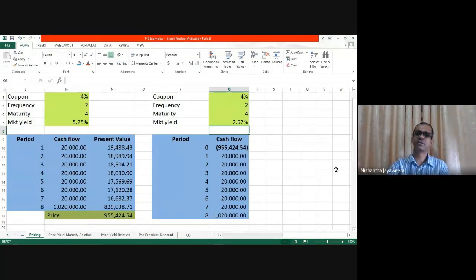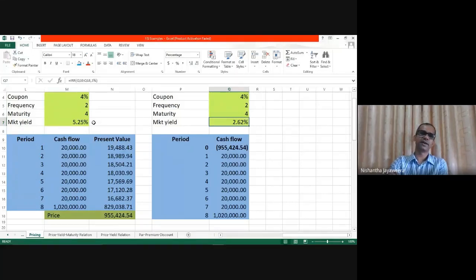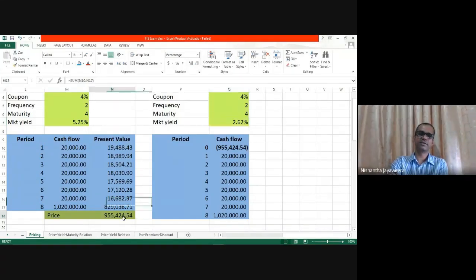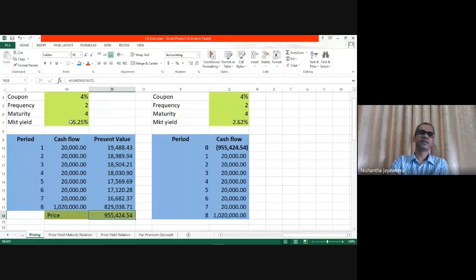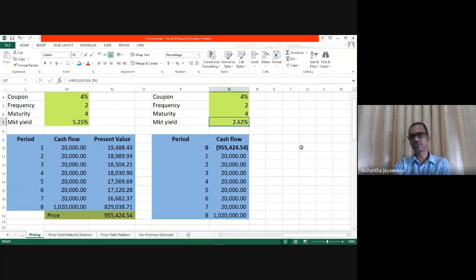Now you can see it gives us 2.62. But if you go back, we got this price when the market yield is 5.25. Why did we get 2.62 here? IRR assumes a single period.